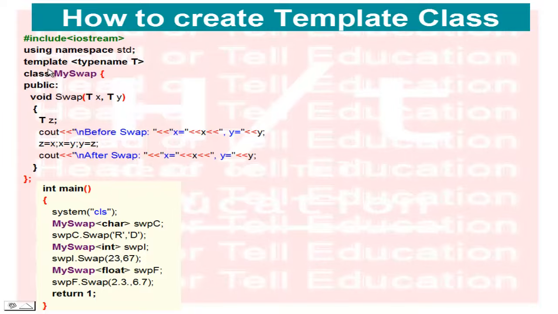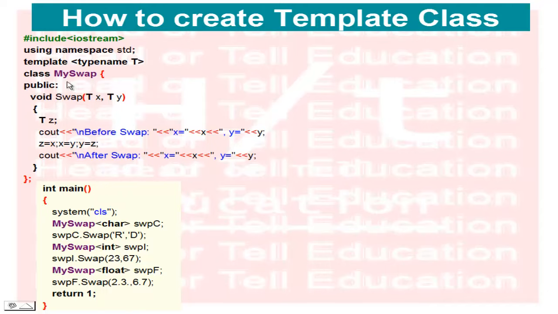So this is the template keyword, and typename means which data type this template receives. So typename T, this is the generic name of the data type. Now this is the class, and the class name is myswap.